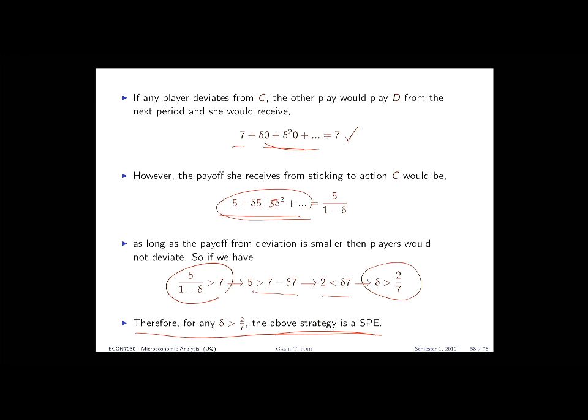And then those deltas will be the solution of your problem for that particular trigger strategy. Okay? Because for those deltas, you'll always get higher payoff for cooperation compared to cheating and deflection.